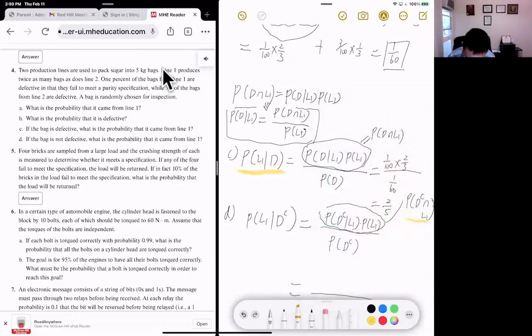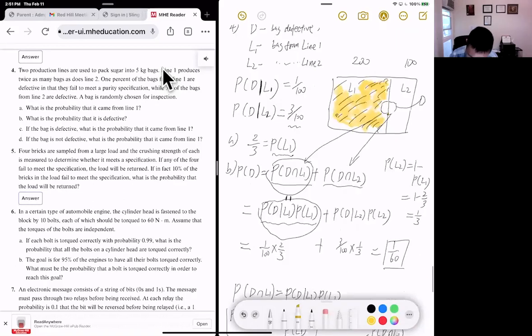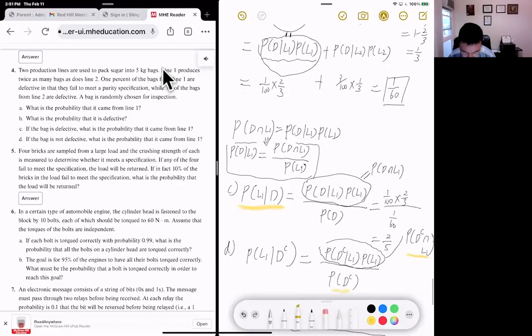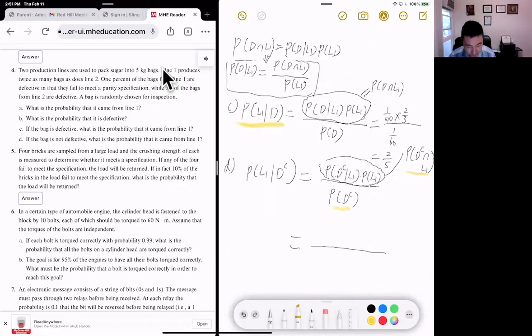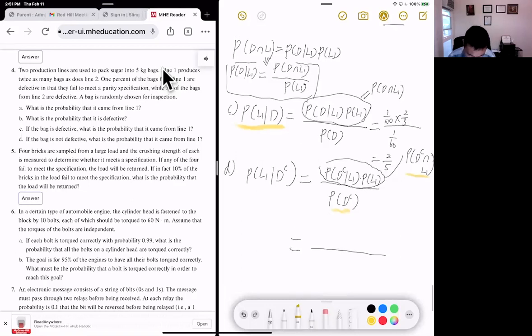The bottom part, P(D^C), is just the whole area outside D, the whole yellow area here. P(D^C) is easier, because that is equal to 1 minus P(D). P(D) is 1 over 60. So the bottom part is easy.